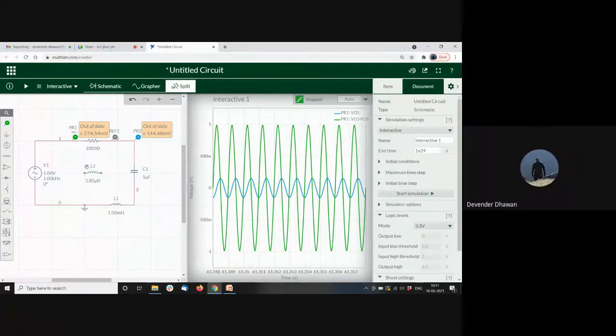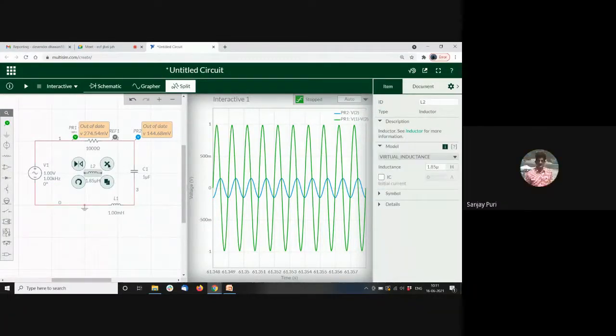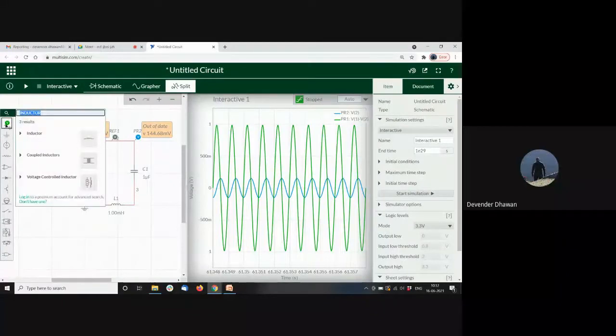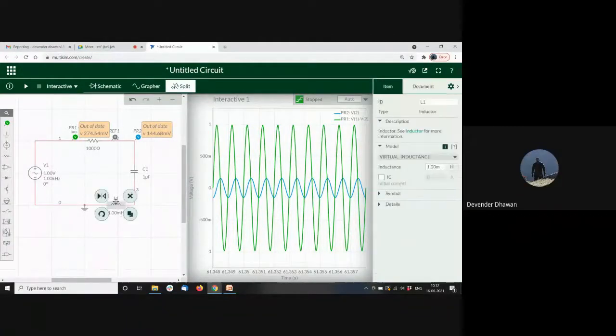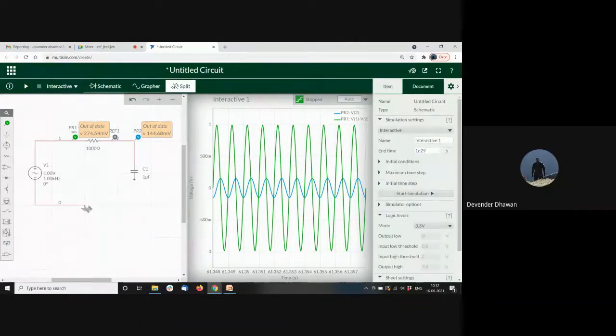I don't know, sir, it should not happen. Maybe some setting changes have happened, and we can look at that later. Okay, sir. Is that clear, sir? Yes, sir.